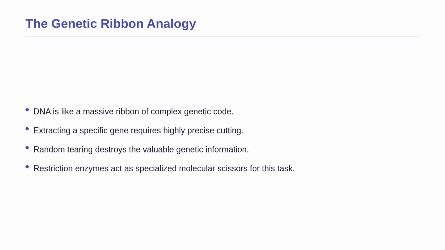To understand restriction enzymes, imagine you have a massive, miles-long ribbon with millions of letters printed on it, representing a complex genetic code. Now, suppose you want to cut out one specific sentence from this massive ribbon to paste it somewhere else. You cannot just rip it randomly.